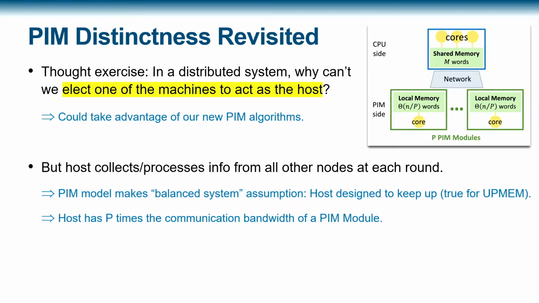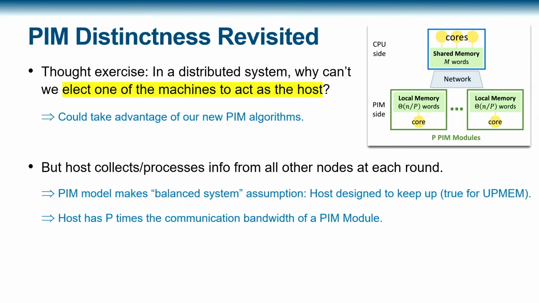And the difference is, this node here, I mean, it falls out very naturally from the UPMEM system, but just generally for our way of modeling this system, is asymmetrically powerful, right?